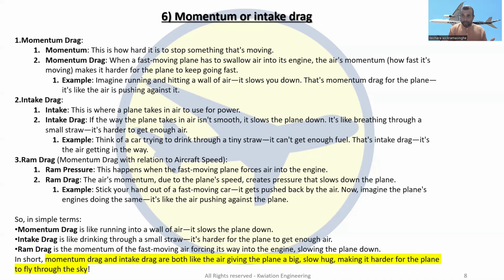So in short, momentum drag and intake drag are both like the air giving the plane a big slow hug, making it harder for the plane to fly through the sky.